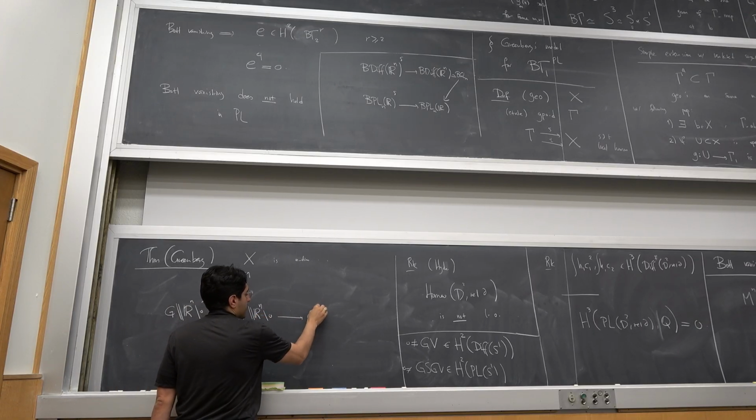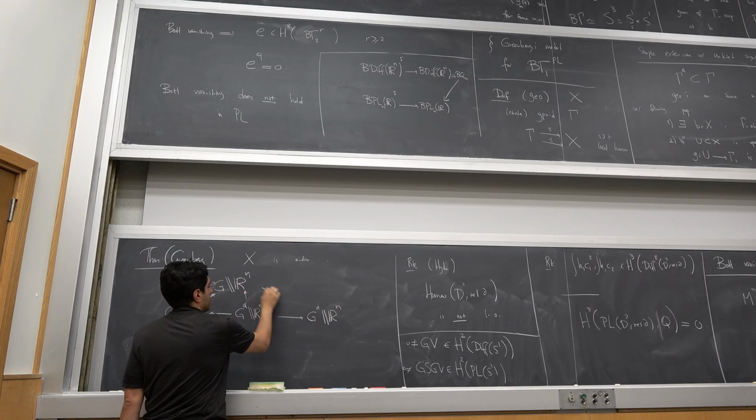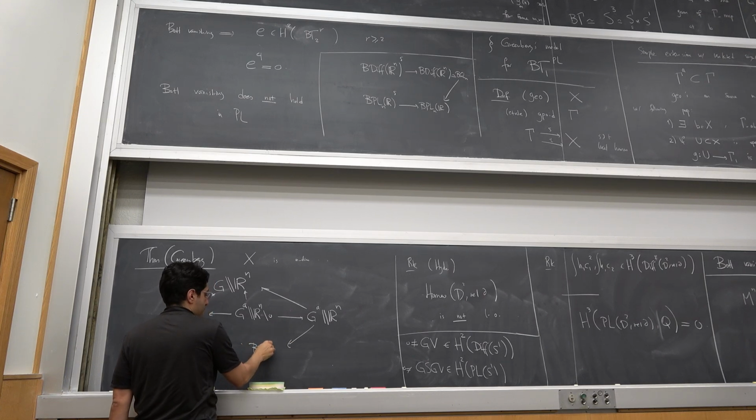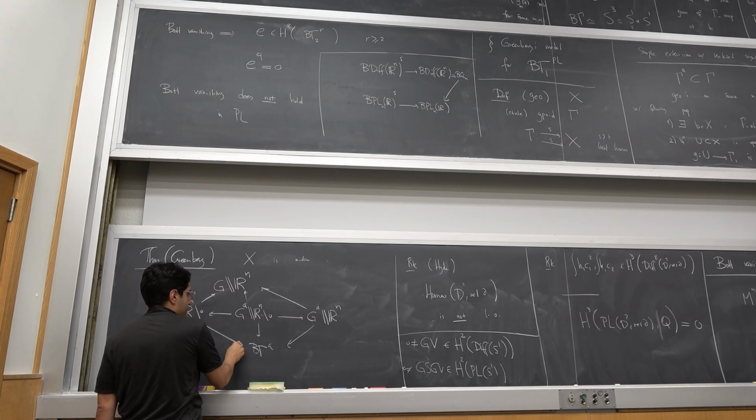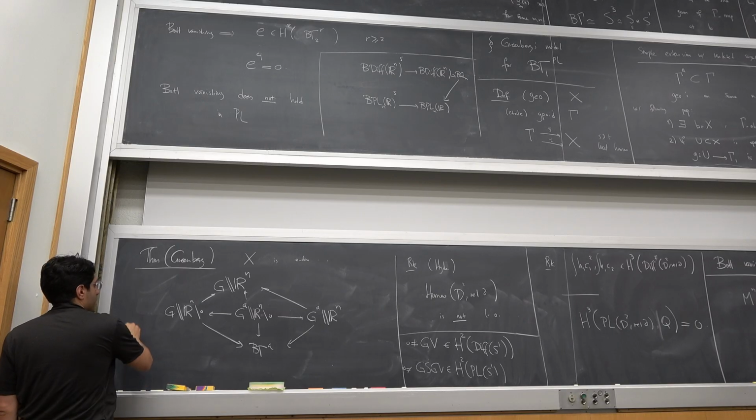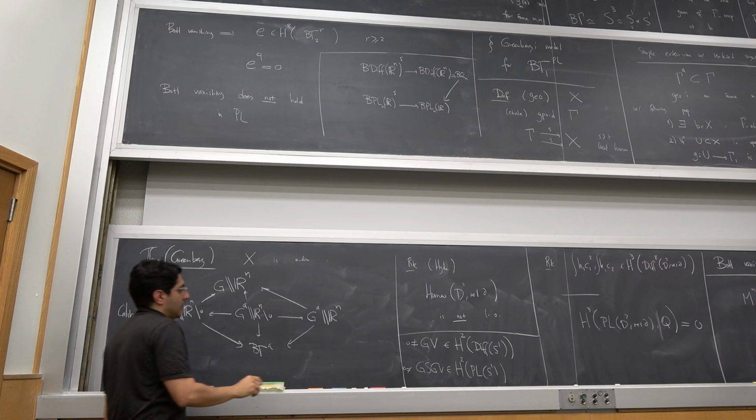There's an action of G_A on R^n. And all these things map to B gamma A. And the theorem is that the colimit of this is B gamma.